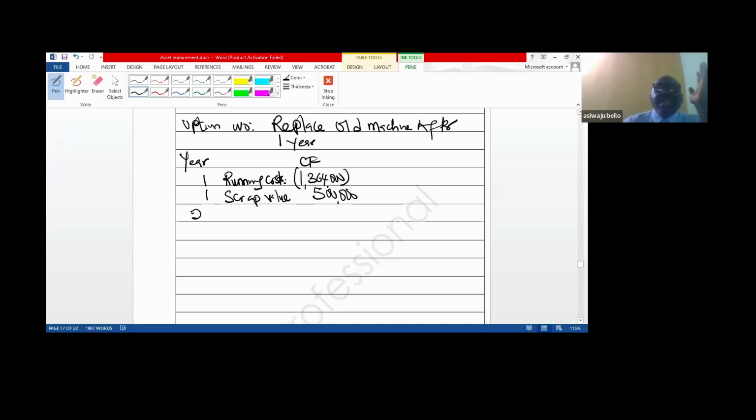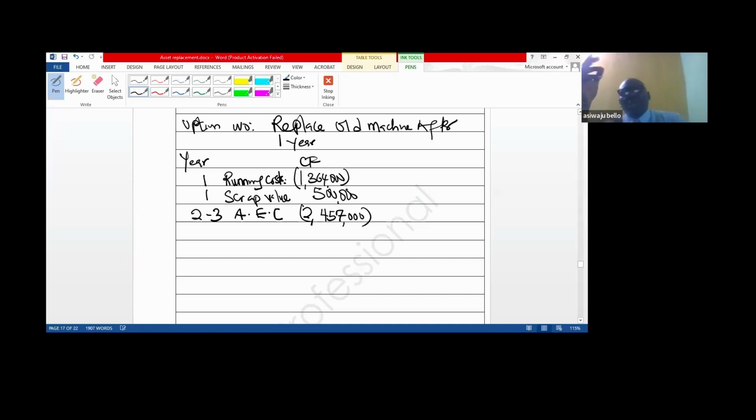That means year 2 to year 3, we are going to incur the annual equivalent cost of new assets, 2,457,000, because we are going to use the old assets for 1 year first. Out of the 3 years, we have used 1 year for the old asset. The remaining 2 years is from year 2 to year 3.